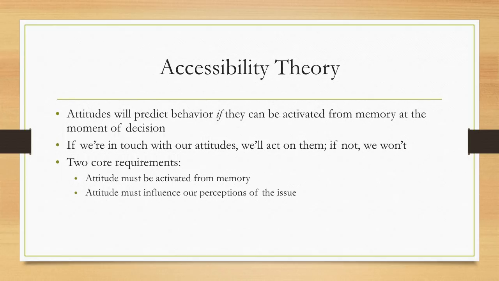The attitude must be activated from memory. The attitude must influence our perceptions of the issue. So we need it to spontaneously come to mind, and it must also influence our perceptions of the issue or person, serving as a filter through which that issue or person is going to be viewed. All right, so that's the basis of accessibility theory.